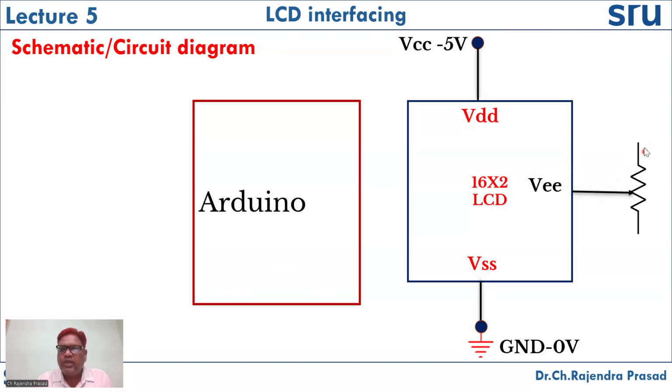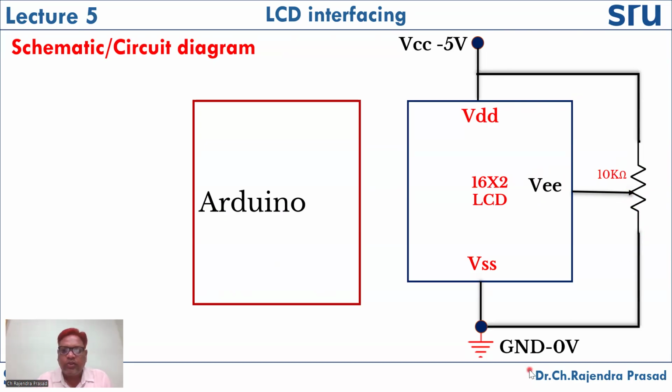Of the remaining two ends, one end is connected to 5 volts and the other end is connected to ground. After connecting this V0 potentiometer, by changing the potentiometer knob, we can get different brightness on the LCD.